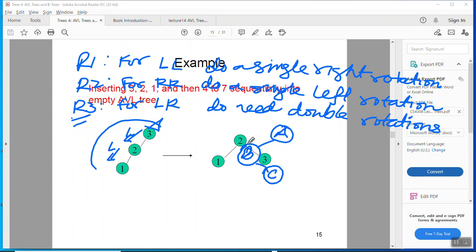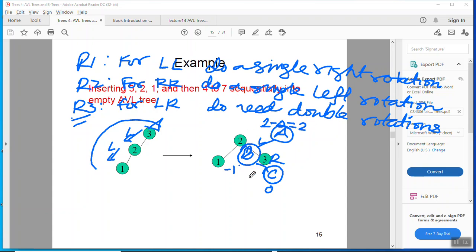So here is a left and right rotation, right? This is left and this is right, and this balance factor is 0, and this balance factor is 0 minus 1, so it will be negative 1, and this one will be 2 minus 0, so the balance factor here is 2.